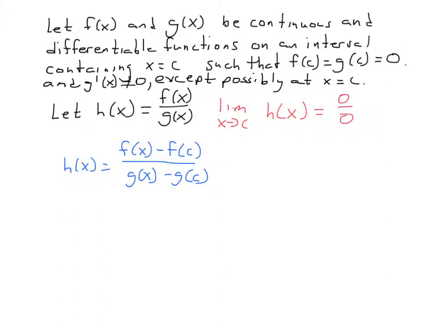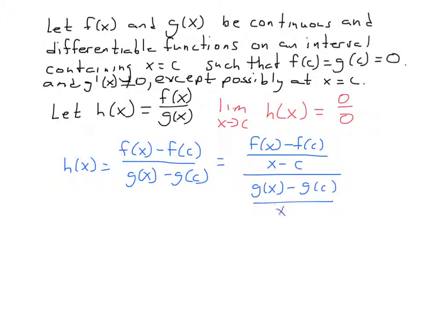Now I can also multiply or divide top and bottom, the numerator and denominator, by the same thing. So I'm going to say h of x is also equal to f of x minus f of c over x minus c, over g of x minus g of c all over x minus c.